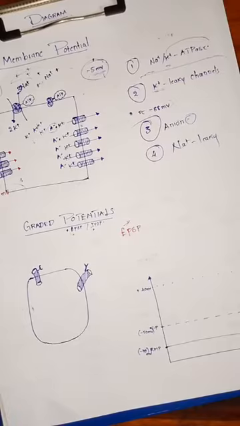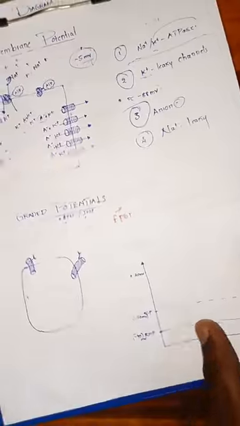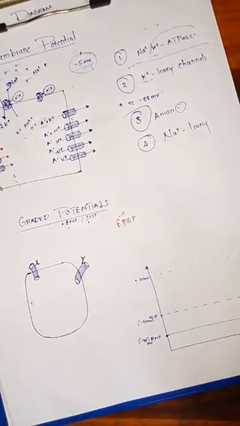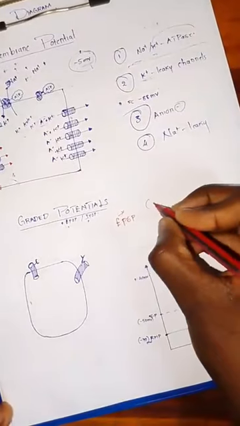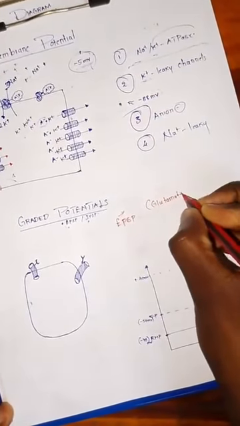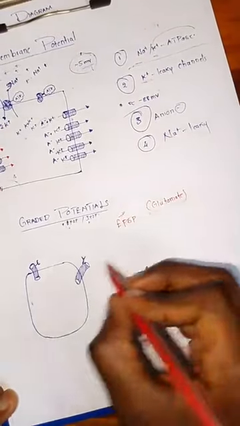Let's say we have a stimulus, and that stimulus is a neurotransmitter, specifically an excitatory neurotransmitter. For example, glutamate is an excitatory neurotransmitter.